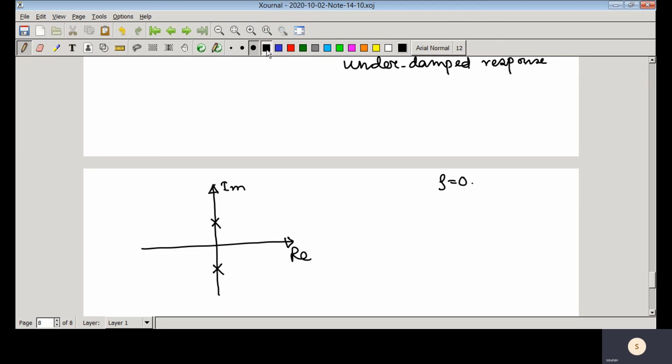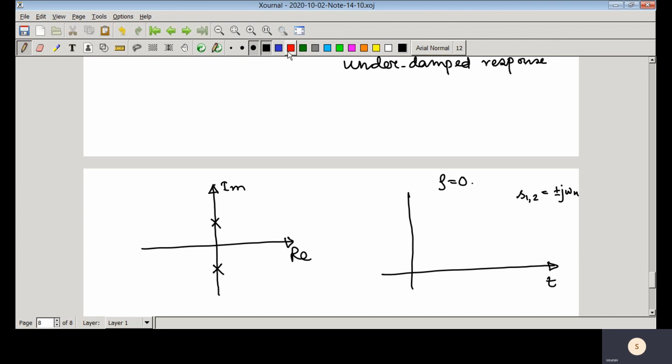So then what would be that response? It keeps on oscillating. So here you can see that S1, 2, you have two poles which are actually complex conjugate poles, and they are on the imaginary axis.